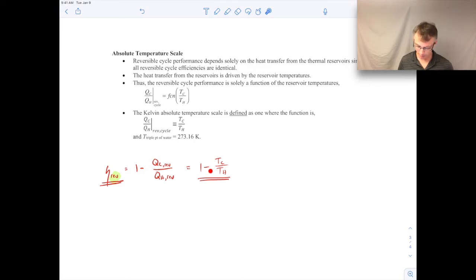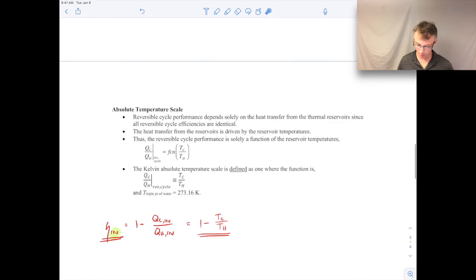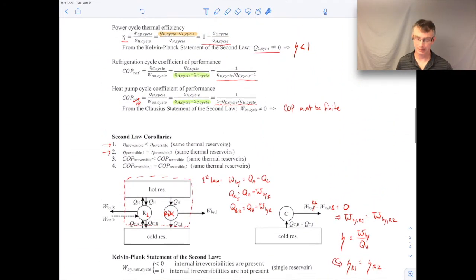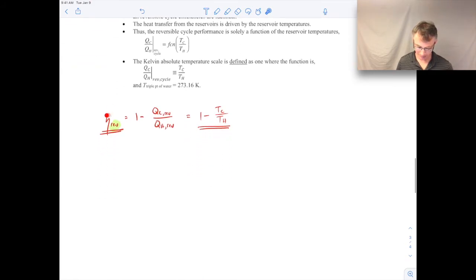It's going to be 1 minus the ratio of the temperature of the cold and hot reservoirs. So that is the maximum thermal efficiency we can get. It's much more restrictive than this one up here, right? We can see now that the maximum thermal efficiency we can get is based on that temperature ratio, TC over TH. And you can do a similar thing for the coefficients of performance.